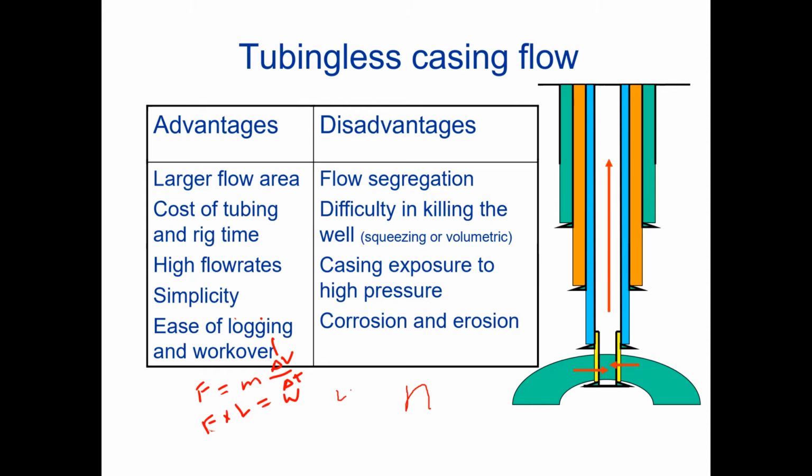But the problem is that low velocity will cause fluid segregation. You see that we are producing oil and gas as they come into the wellbore. As they move up, pressure drops and more gas will come out.